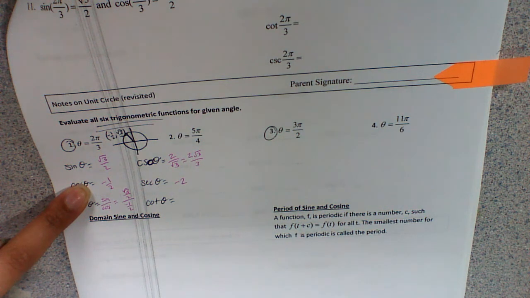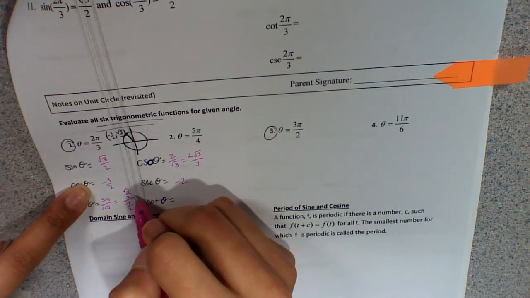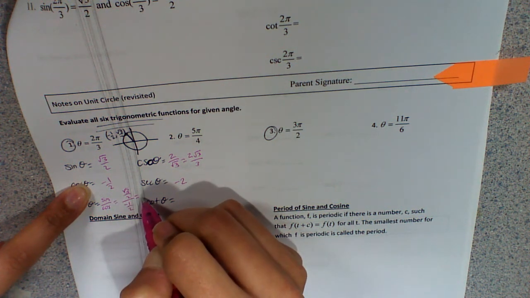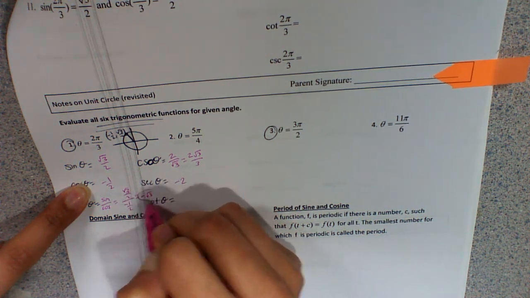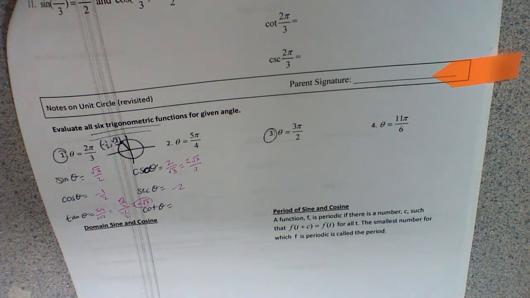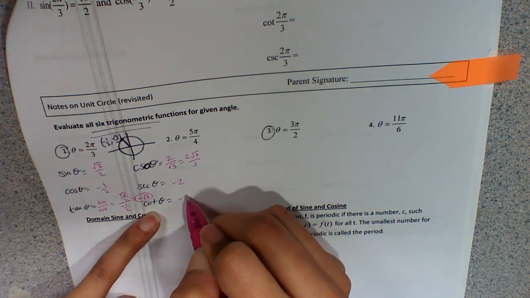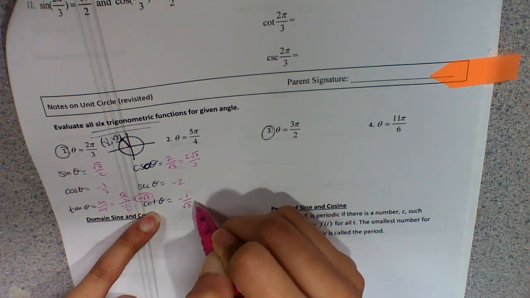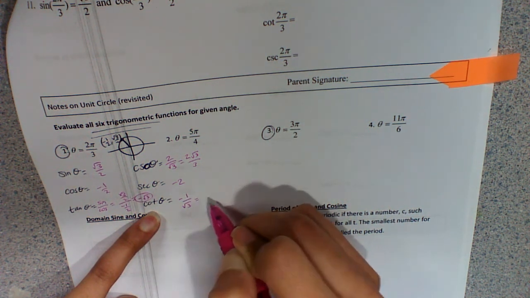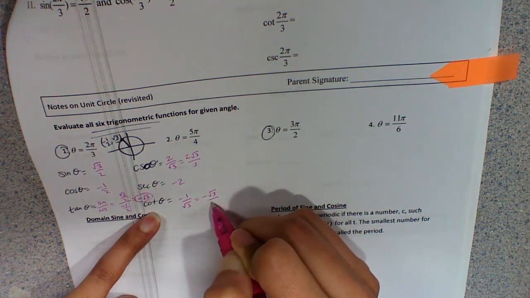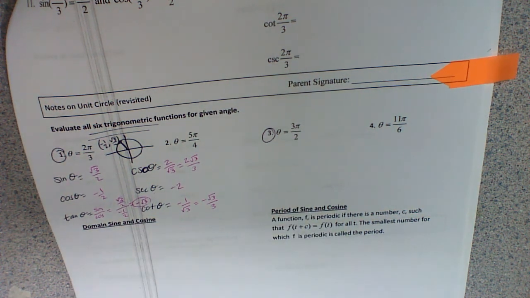So once I simplify after I multiply by the reciprocal of the second fraction, I should end up with -root 3. And the reciprocal of that will be -1 over root 3. But again, I do have to rationalize, so that's going to give you -root 3 over 3. Those are all 6 trig functions.